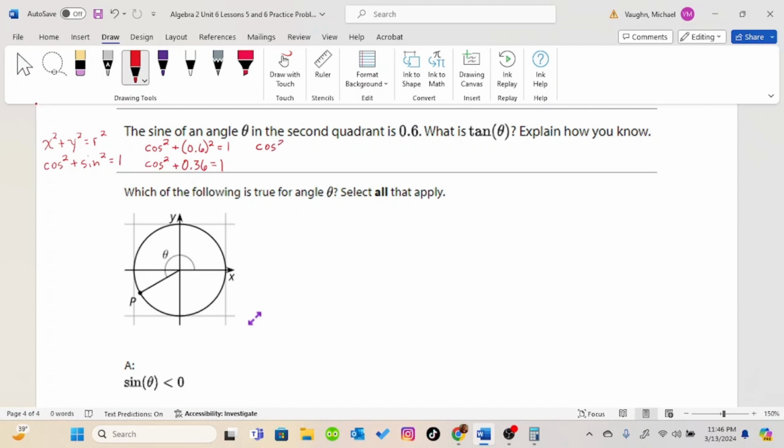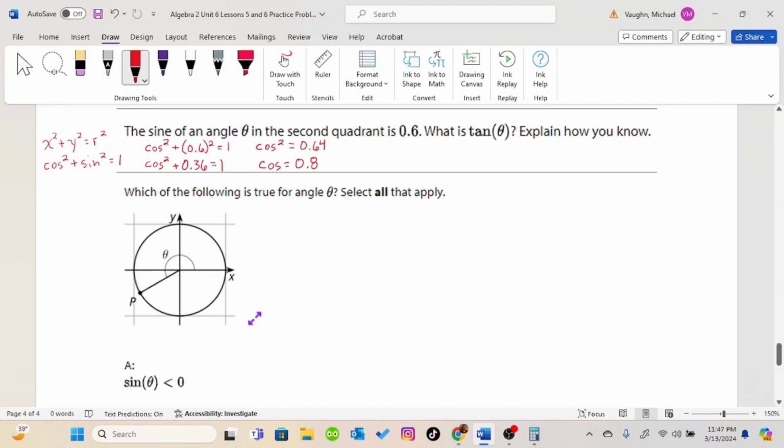And that gives us cosine squared equals 0.64. If we take the square root of both sides, then cosine equals 0.8, because 0.8 times 0.8 equals 0.64.